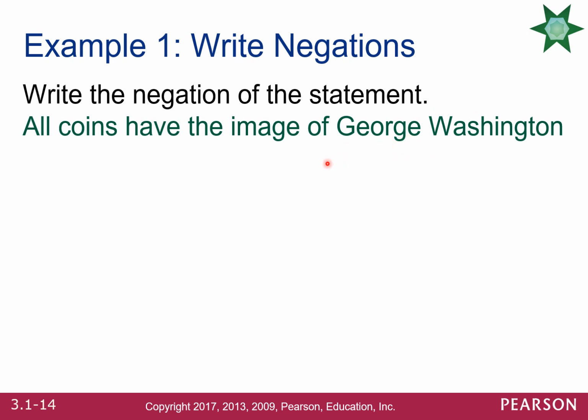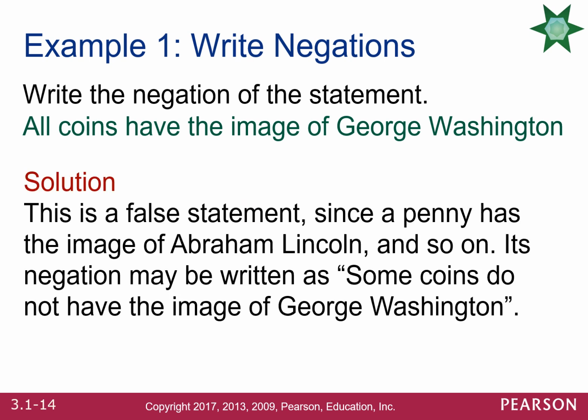So how do we go about doing that? I'm going to pull up the solutions at this point and see what they say. It says this is a false statement to begin with, since a penny has the image of Abraham Lincoln and so on. So its negation may be written as some coins do not have the image of George Washington.